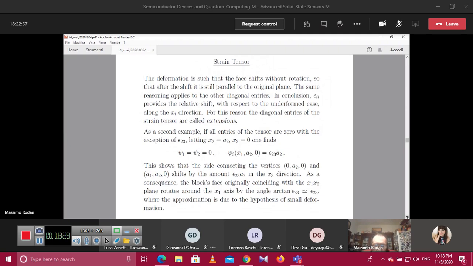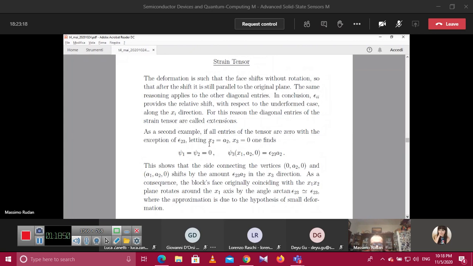Now we take a second example. Consider that all the entries of the tensor are zero with the exception of epsilon 2, 3, that is a non-diagonal element. And again, we look at what happens on a face.